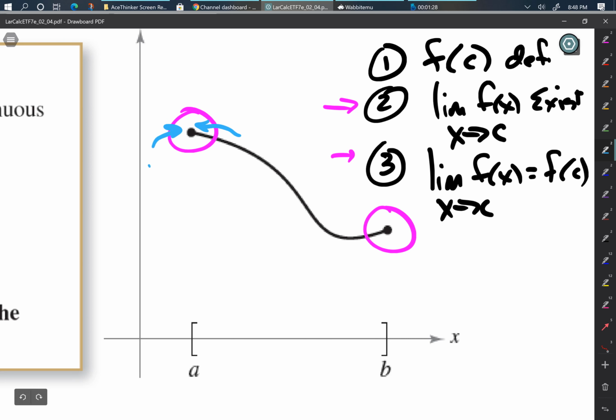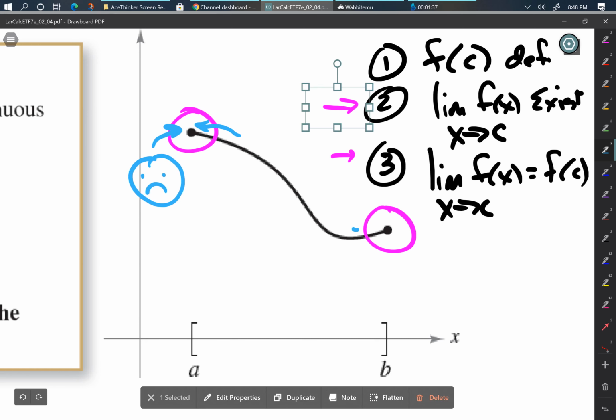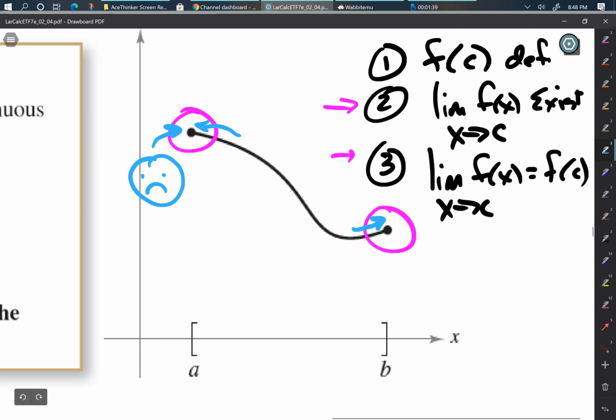And since this piece out here didn't exist, we couldn't talk about continuity over there. Same thing with this other endpoint over here at B. You could approach from the left, but since you couldn't come in from the right, we couldn't talk about continuity over there. So we couldn't, wait, that should be a sad face. We couldn't talk about continuity on a closed interval because those endpoints, we couldn't take limits at them.